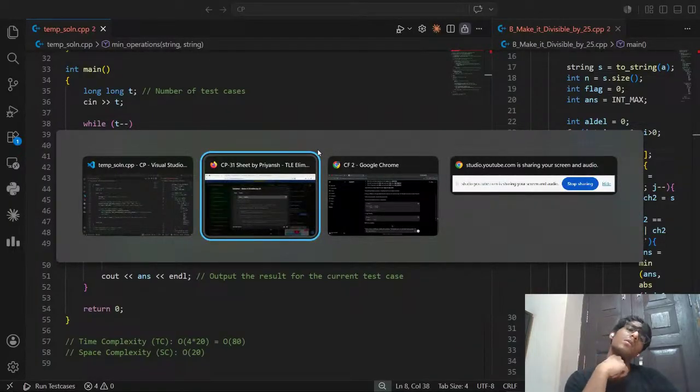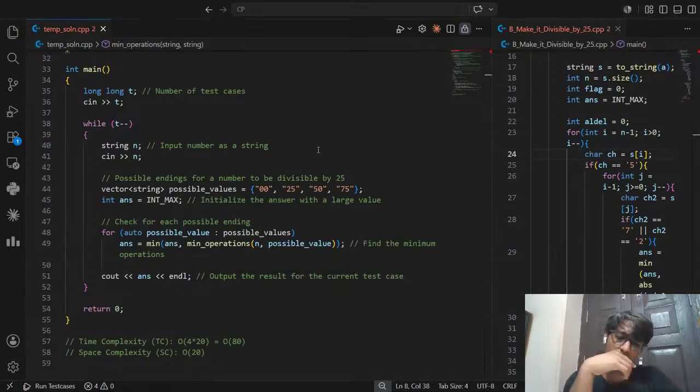He's just taken another string. Possible values: 00, 25, 50, 75, yes. Answer is int max. For auto possible value of possible values, answer is min of answer and operations for n and possible value.